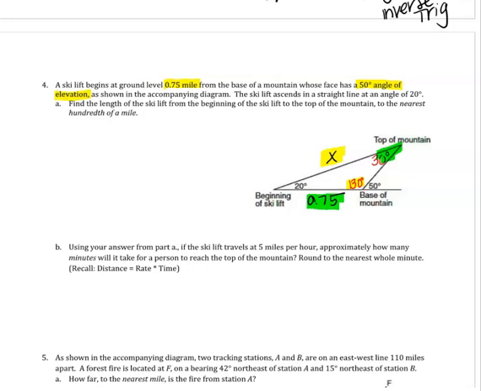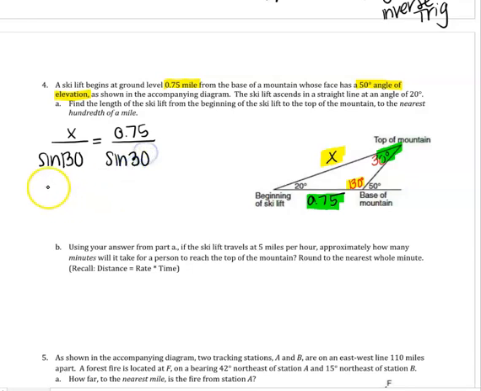So now I need to use law of sines to find x. So x is across from the sine of 130. And 0.75 is across from the sine of 30. Cross multiply.